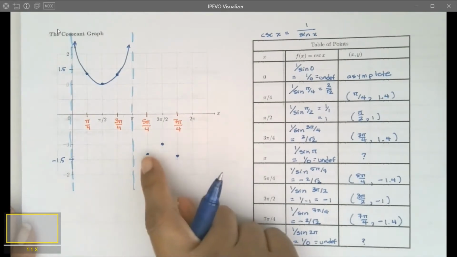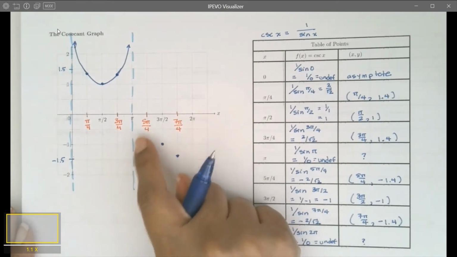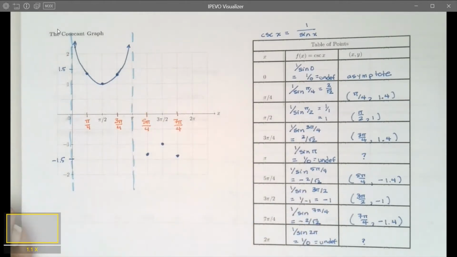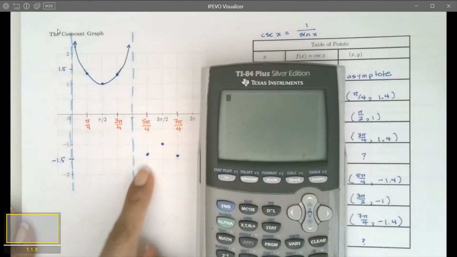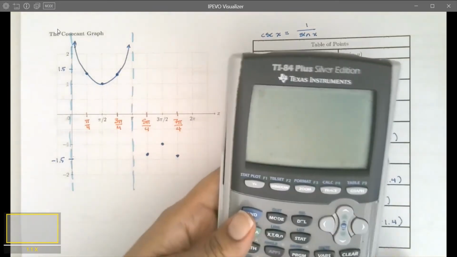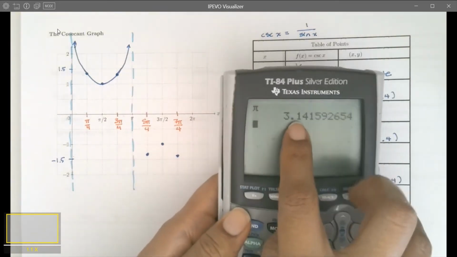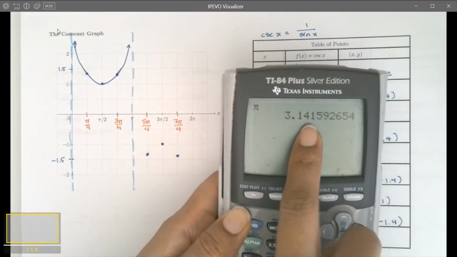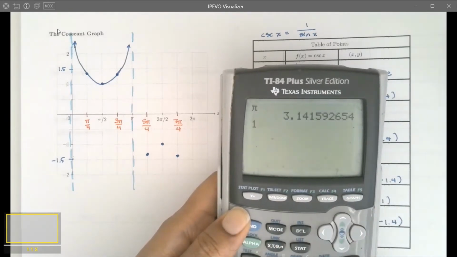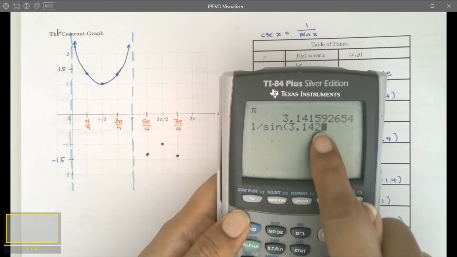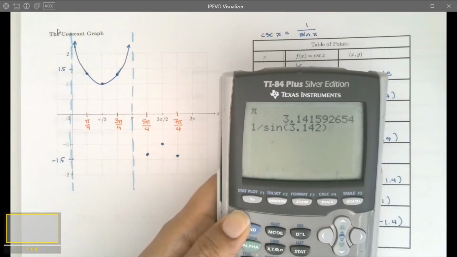Let's see what happens as we get close to pi from the right-hand side, though. That means that I'm going to try to plug in a value that is larger than pi, but close to pi. Again, remember, pi is 3.141592. If I want to plug in something slightly larger than this, I can try 3.142, a little bit larger, and see what that gives me.